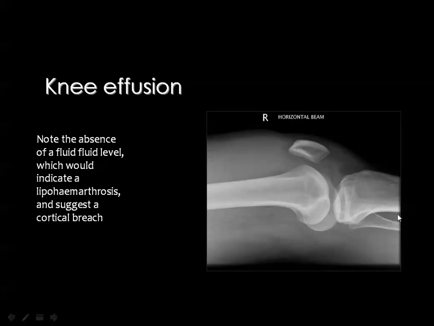But if you have this view, which is known as the cross table view or lateral view with horizontal beam, then you see that the patella is slightly elevated from the articular surface of the femur, and you can also appreciate the distension of the suprapatellar bursa and the loss of the normal fat.